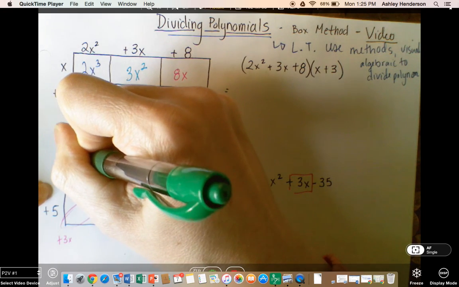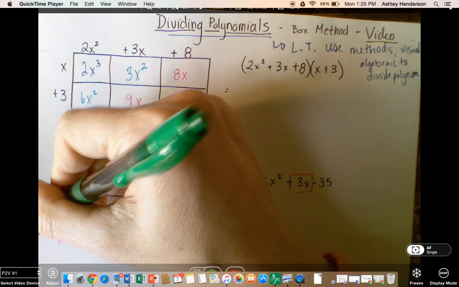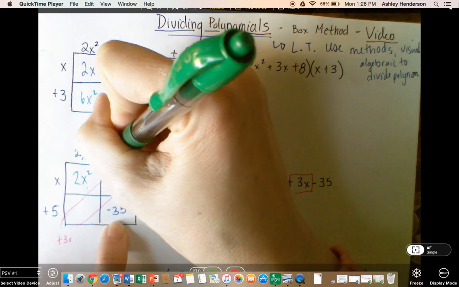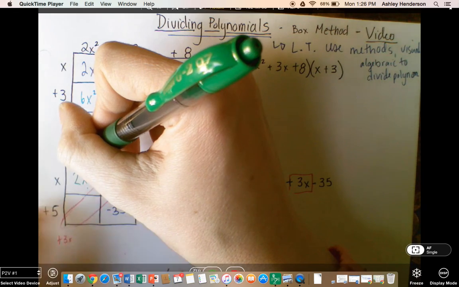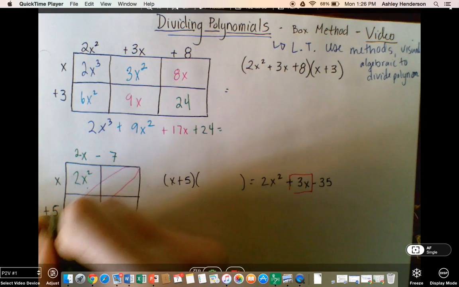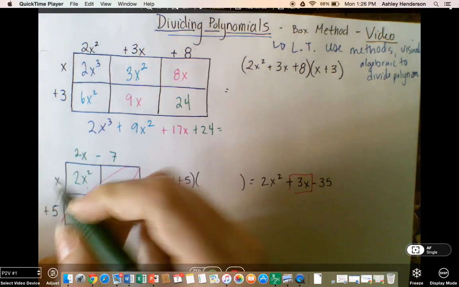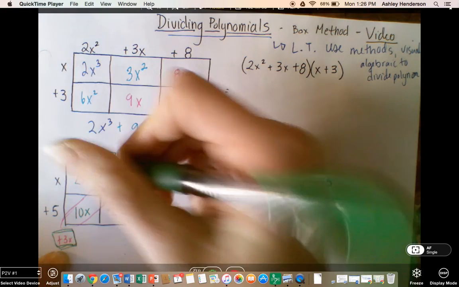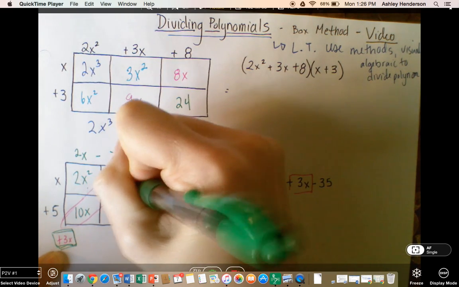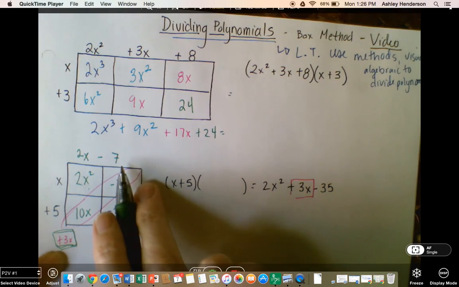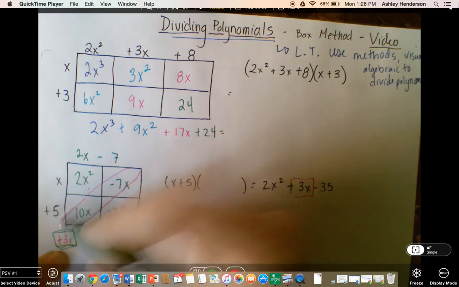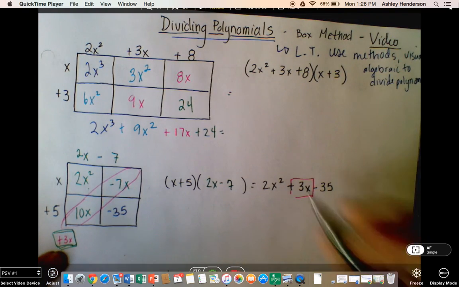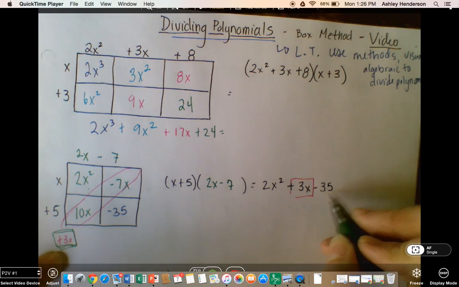It's got to be 2x. And then 5 times what is negative 35? It's going to be negative 7. So 2x times 5 is going to be 10x, and I know this needs to be 3, so this would have to be negative 7x, which checks out with what we expected. So x plus 5 times 2x minus 7 equals 2x squared plus 3x minus 35.